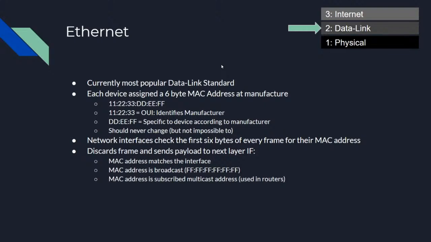But if it matches the interface MAC address, or the address is a broadcast, or it's multicast and you're in the multicast group, which is something used on routers, we're not really going to talk about that much, then it has to send the data up to the next layer, which we'll talk about in a little bit.